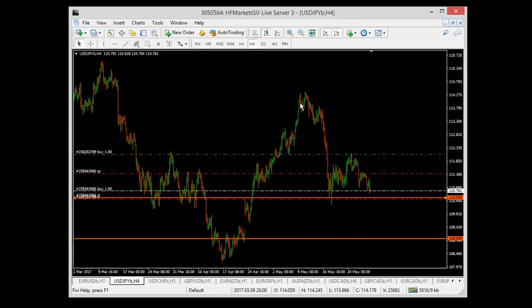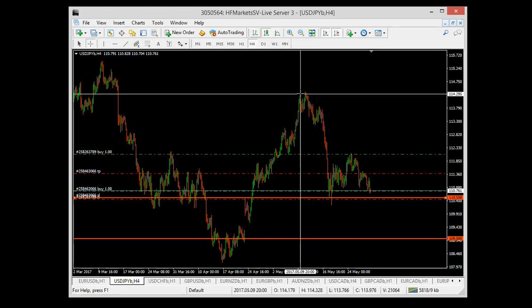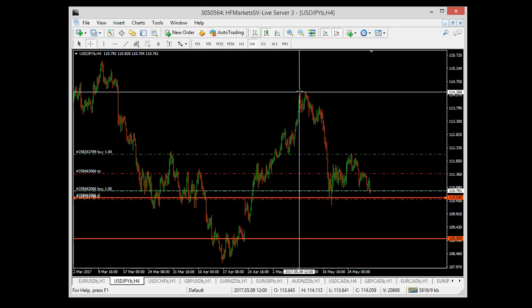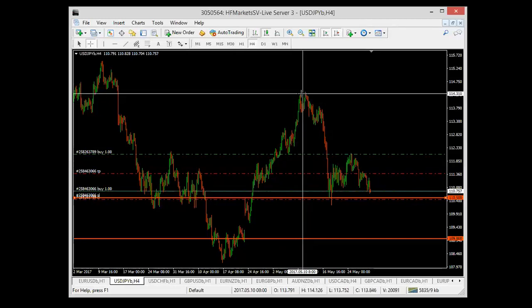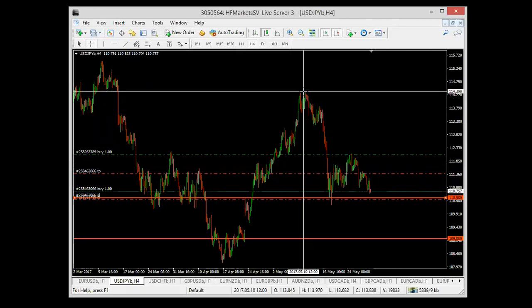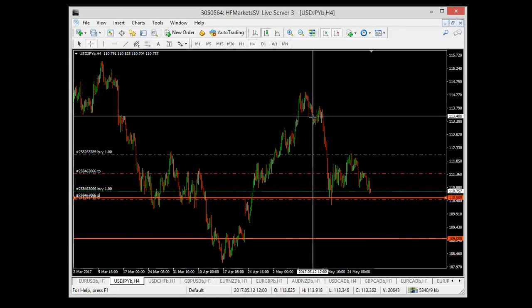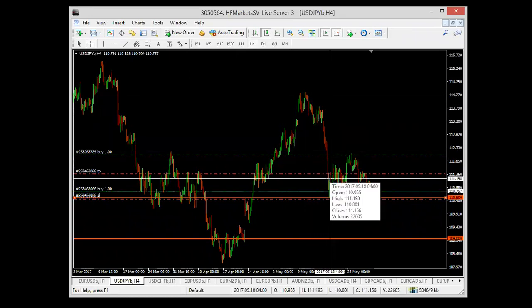That had been the process of forming higher highs and higher lows up to this high on the 9th of May, and retested this high on the 10th of May, giving us a double top there, and started forming lower low, lower high, lower low.